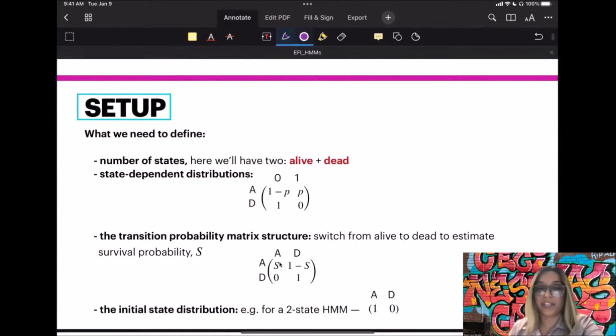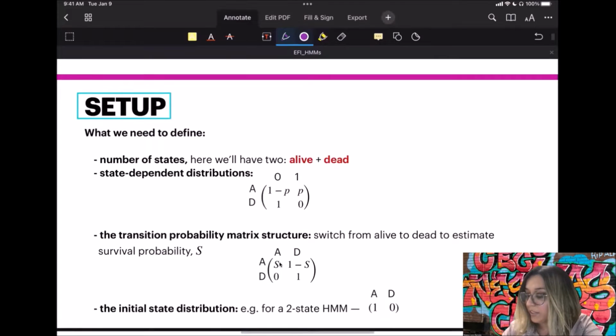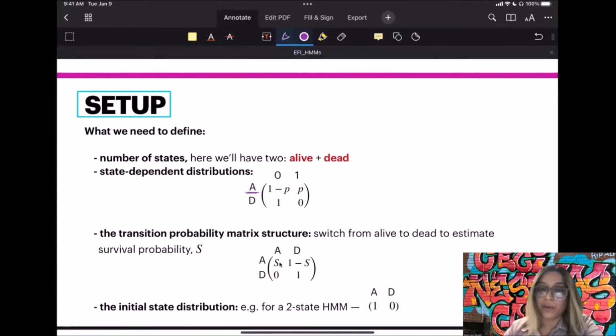So what does our setup look like? Well, in the most simple case, we'll have 2 states referring to the animal being alive or dead. If it's alive, with probability 1 minus P, we won't see the animal, so there will be a 0 in the data.